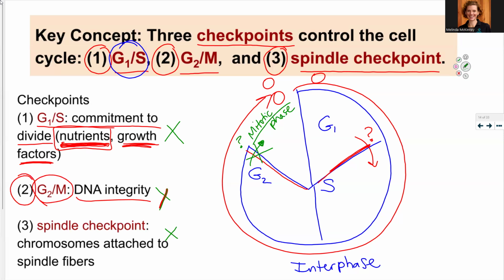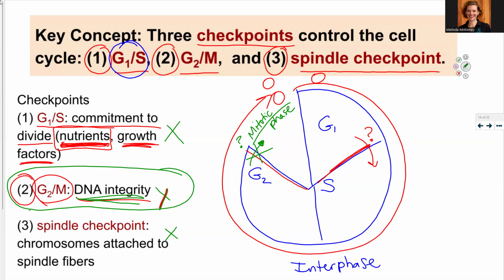So if it determines, oh no, we've made some mistakes, the DNA is no longer looking healthy, there are lots of errors, then what we're going to do is go into programmed cell death.